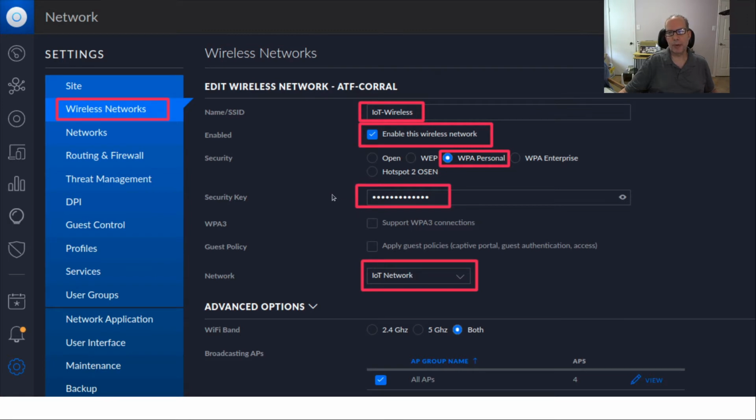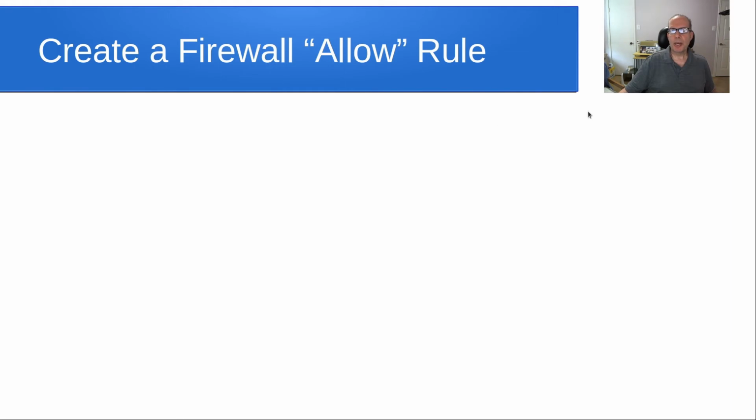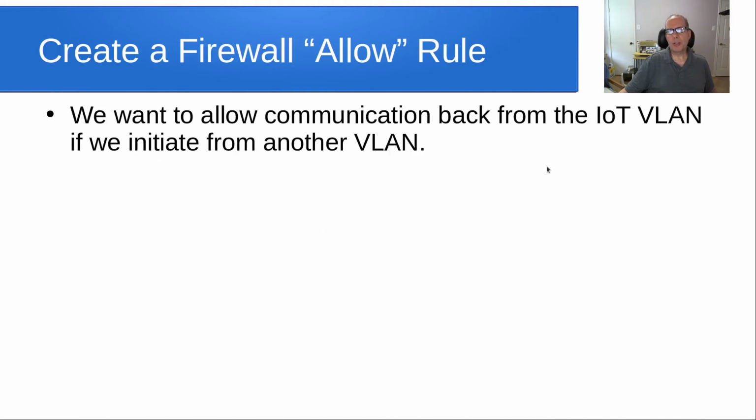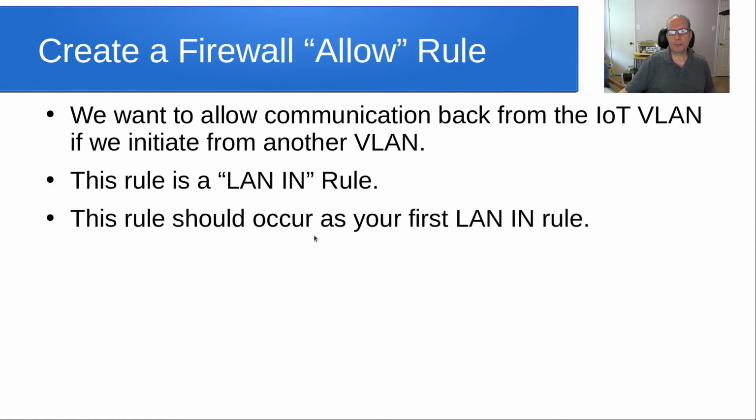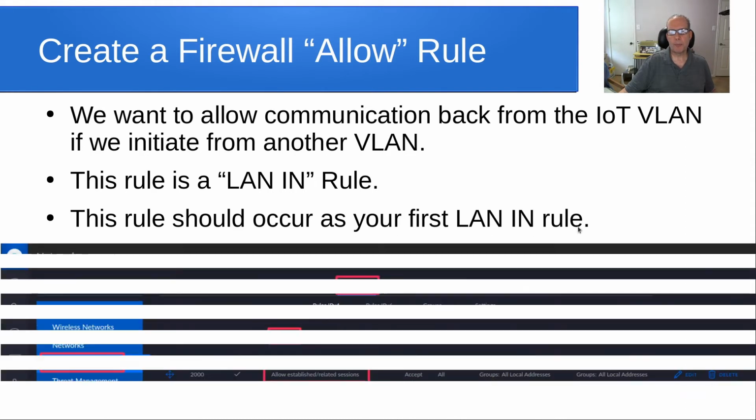addresses on that network. So then I want to create a firewall allow rule. So we want to allow communication back from the IoT VLAN if we initiate from another LAN. And this rule is called a LAN in rule. So this rule should occur as your first LAN in rule.